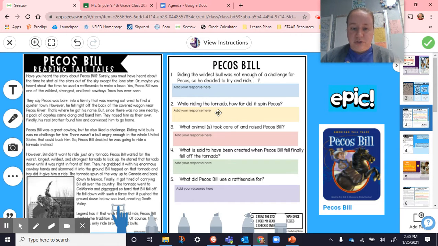The answer to number 2, I want you to highlight in yellow. The answer to number 3, I want you to highlight in pink. So wherever your evidence is, match it with the colors here. Then you went to Epic. This is your first story, and this is your second. The first one we read together, the second one you need to do in Epic.